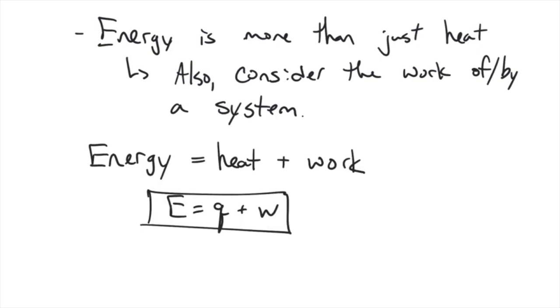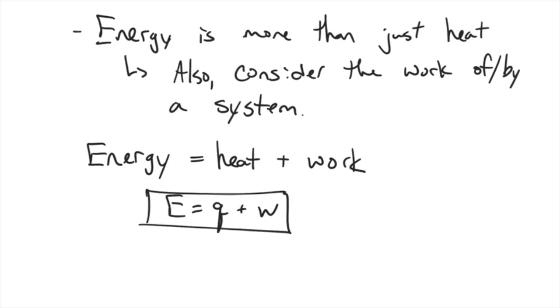Now we'll talk about the mechanics behind the work done by a system or the work done on the system, but it's important to know this formula because it's going to be part of your learning objectives, and it's on your formula sheet of constants and formulas given to you for the test. Energy is the sum of the heat and the work, either released or absorbed, and/or the work done by or on the system. So this is the formula: E, energy, is equal to Q plus W, Q being joules of energy and work also in joules.